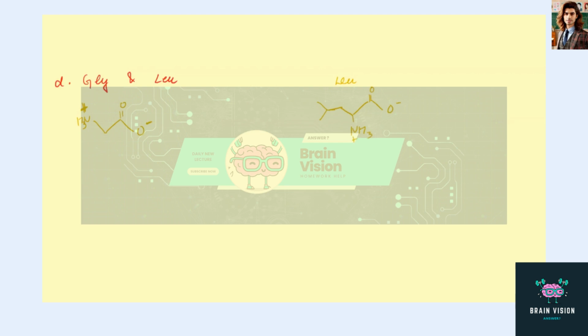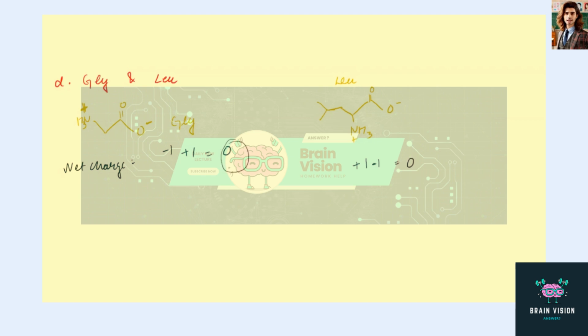Now let us write the net charge for both of them. Here you have one negative, one positive. So what is the net charge? 0. Here also you have one positive and one negative. So net charge becomes 0.